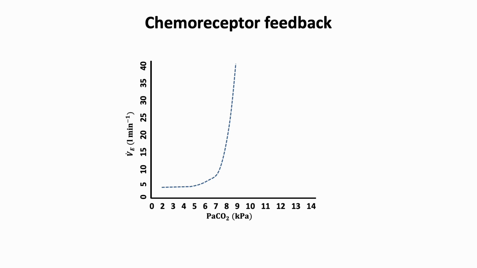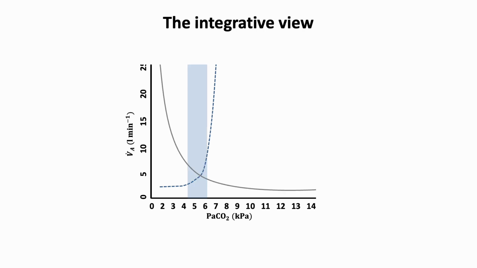But we can combine these 2 curves, so we get the integrative view, or the CO2 centric view. So now we both have alveolar ventilation and PaCO2 as stimuli and responses.